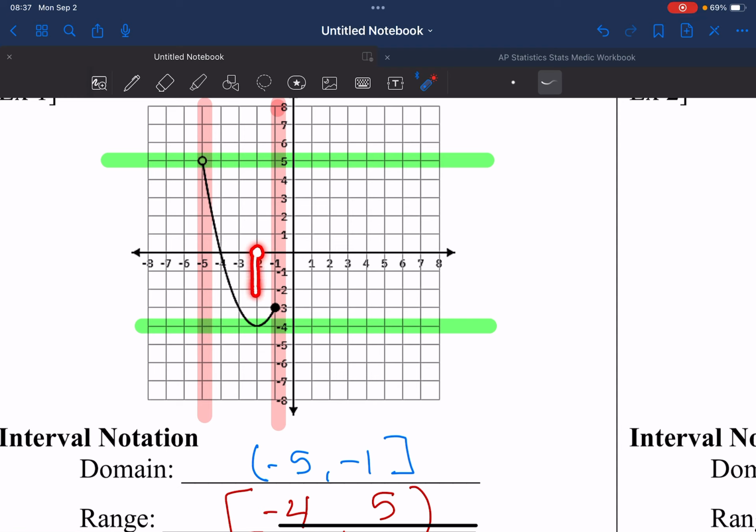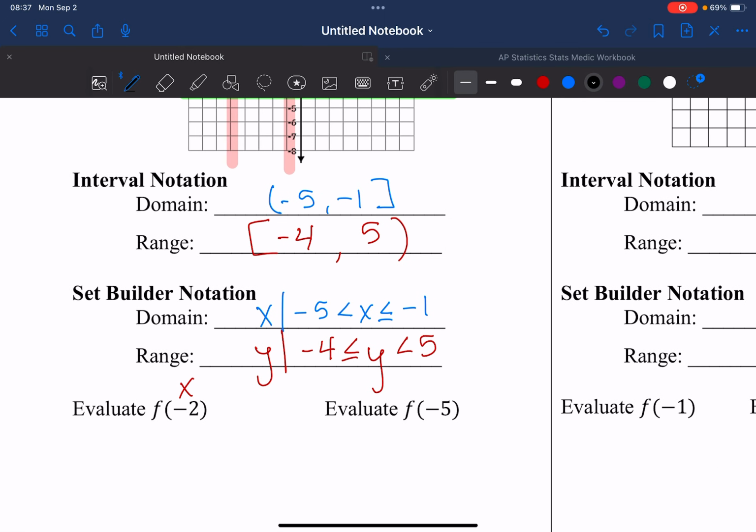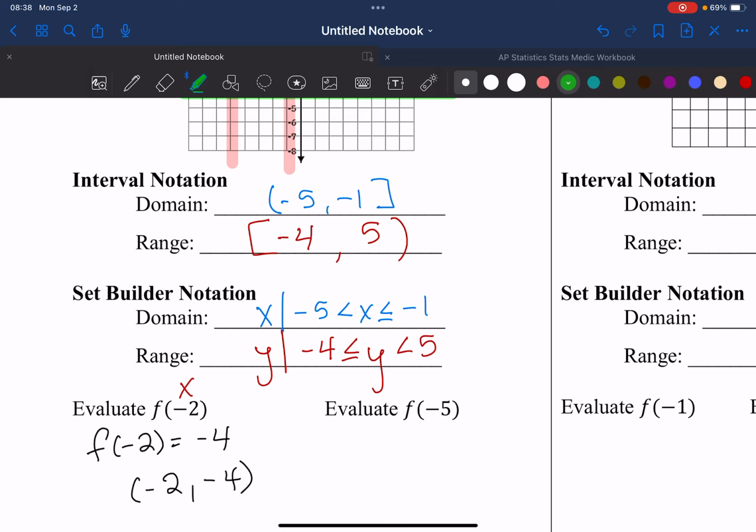In this case, I'm going to go down to hit my graph at -4. So that means my answer here is f of -2 equals -4. But since we're dealing with a graph, we have to write our answer as a point. So -2, -4 is my answer.